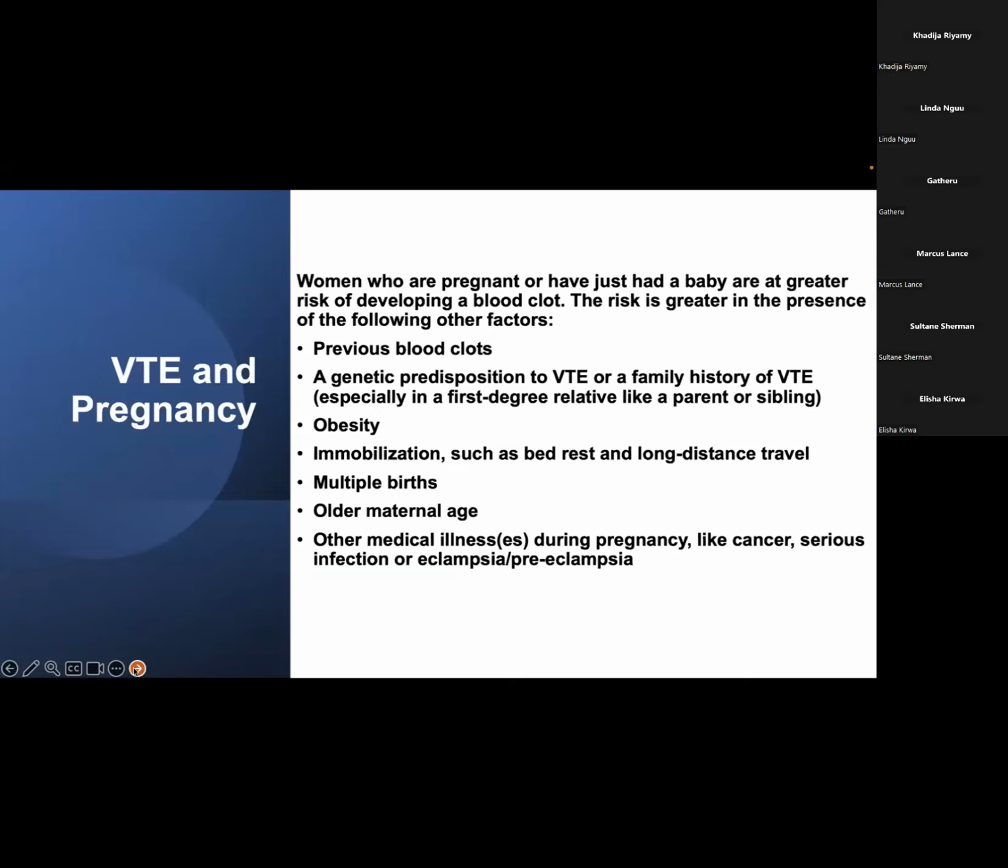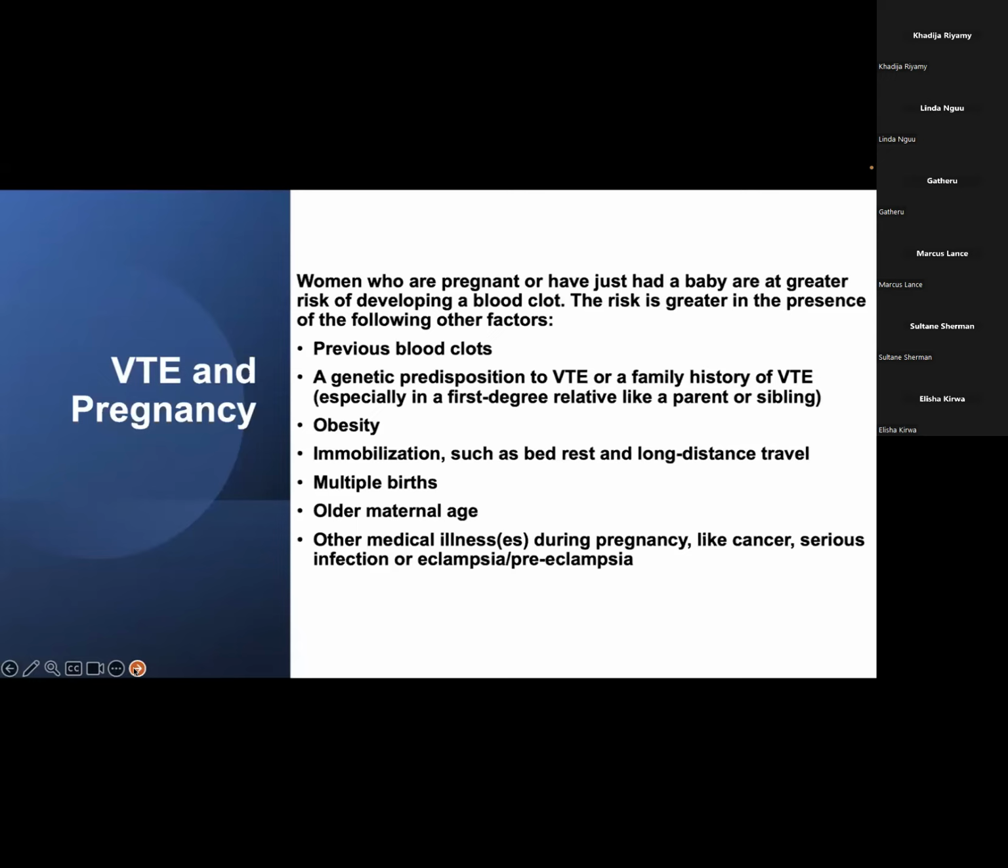Patients with multiple births have a high risk. Older maternal age, those who get pregnant when they are around 40, or even those who are about 50 and still get pregnant. These days, they can get pregnant through IVF, and that has had an effect on some of these patients getting complications.